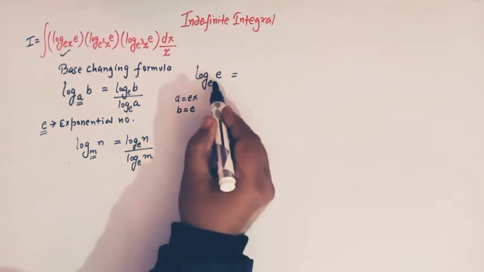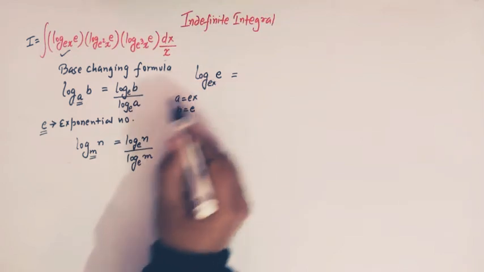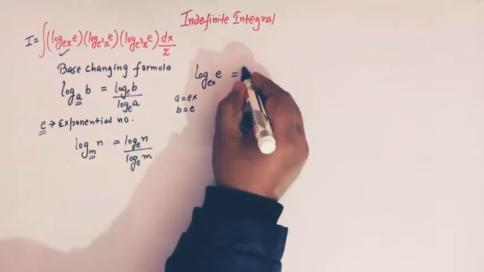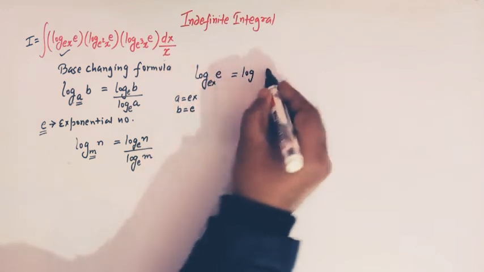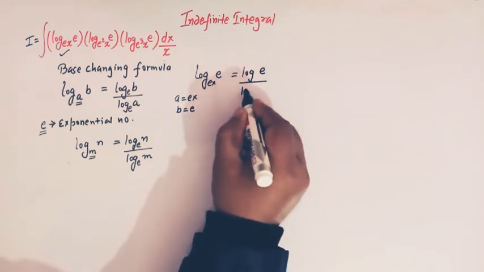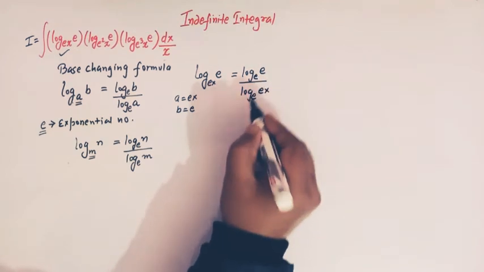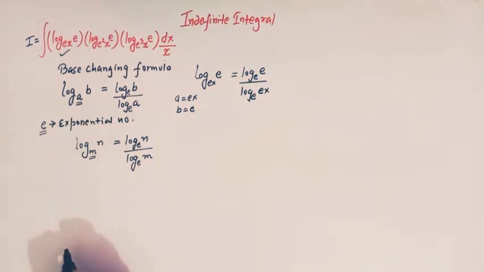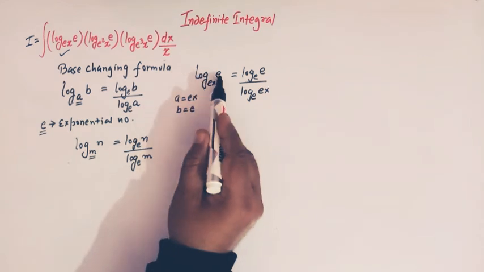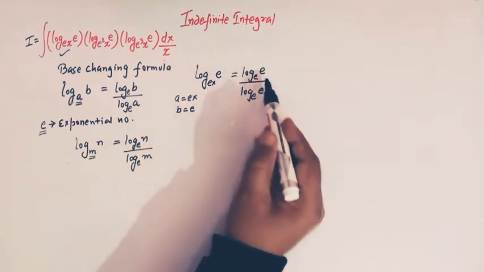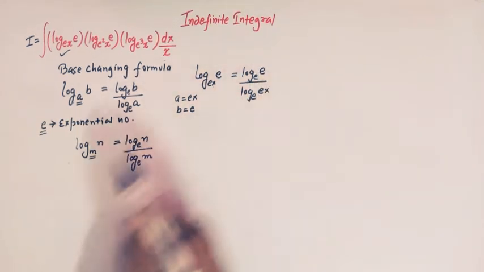Okay, now we want to change this base e^x to e, right? So we'll simply write log e over log e^x, and then we'll put here the base e, right? So this is how log of e to the base e^x can be written.